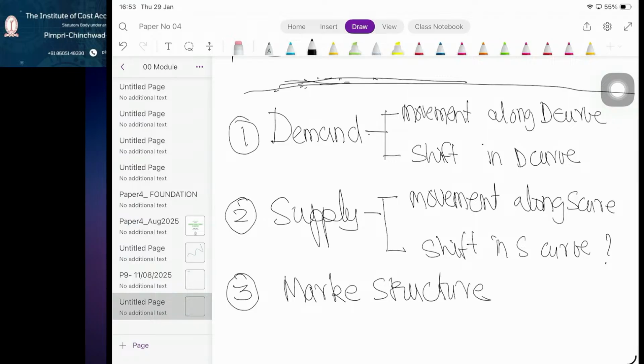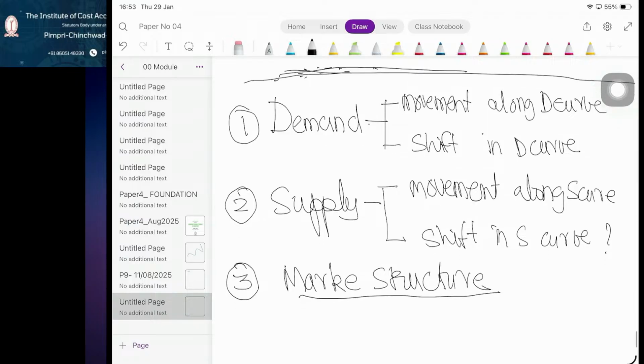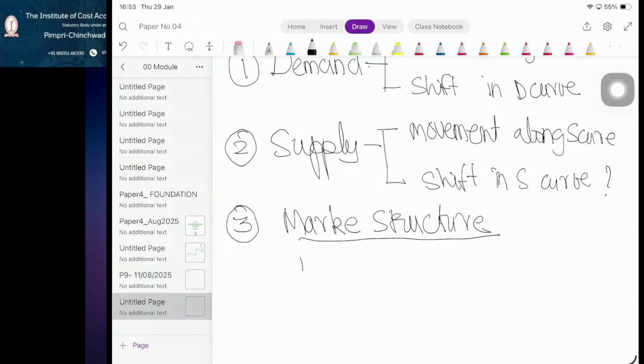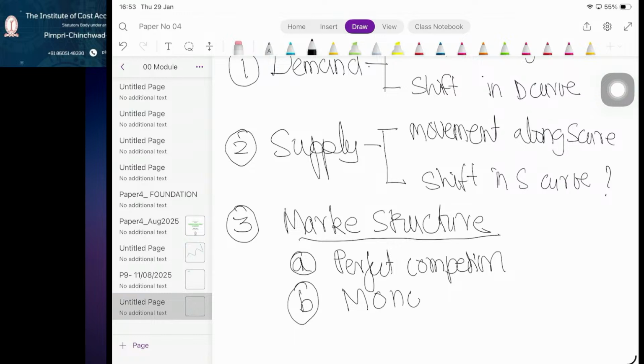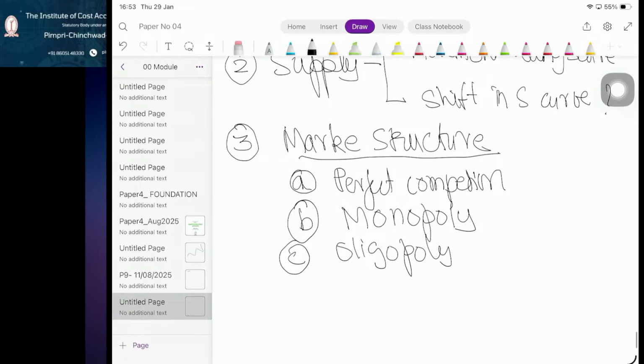We have not done everything, but we defined 4 types of markets: perfect competition, monopoly, oligopoly, and the last market structure that we saw was monopolistic competition.